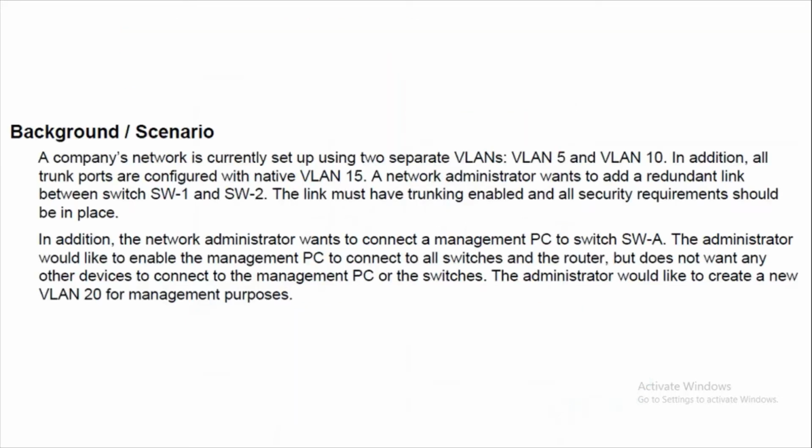So the scenario they have given is that we have to form virtual LANs, giving them numbers like 5, 10 and 20, and accordingly we also have to enable trunking. Trunking is something like forming VLANs.